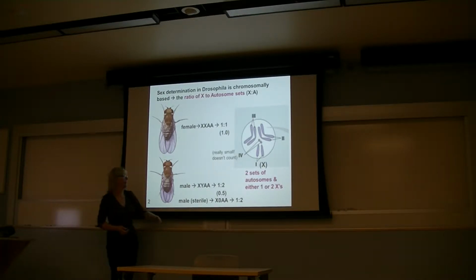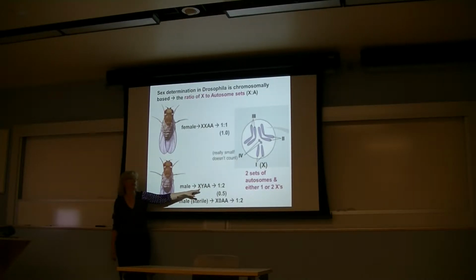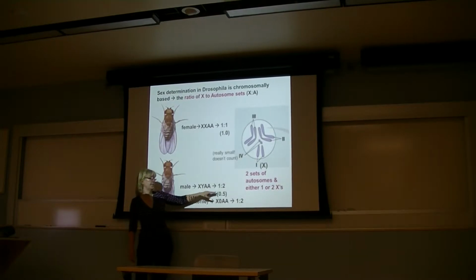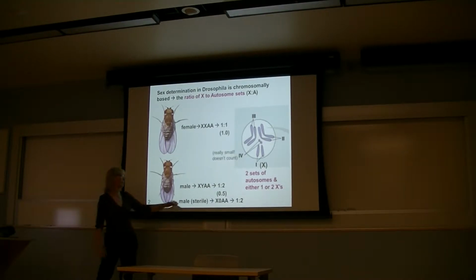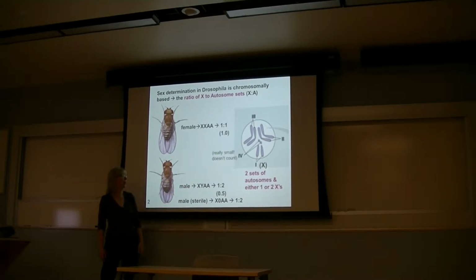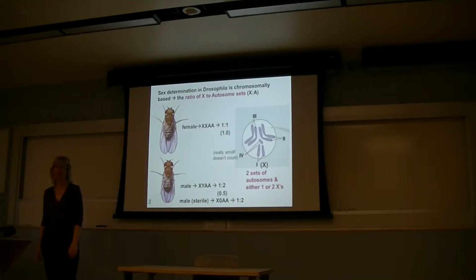In the case of the males, the autosomal sets are the same, but we only have 1 X chromosome. So that actually is 1 X chromosome to 2 autosomal sets, or a 0.5 ratio, which is enough of a different kind of information to tell that to become a male phenotype.